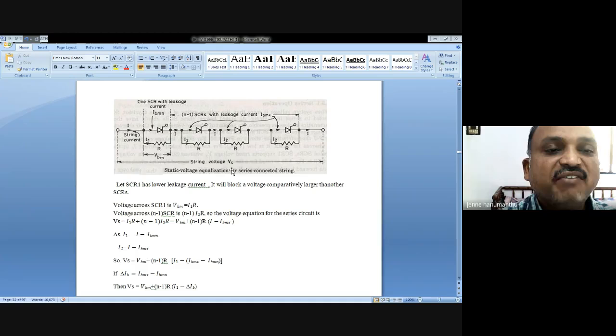Apply KVL, I1 into R plus n minus 1 into I2 into R.